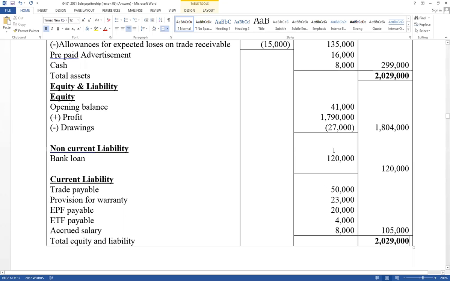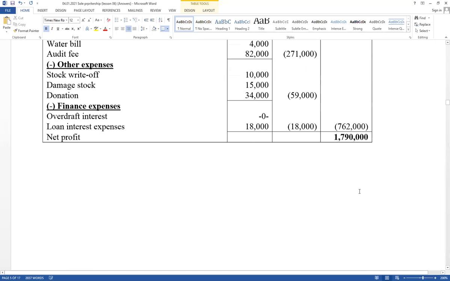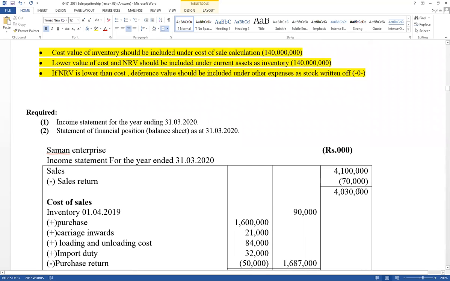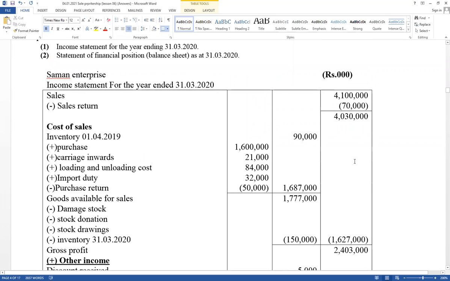Therefore, this is the way you have to prepare financial statements based on the trial balance. In accounting we are going to provide information. Accounting is an information system. How to provide information? By preparing financial statements. As financial statements, you have to know how to prepare the income statement and statement of changes in equity.